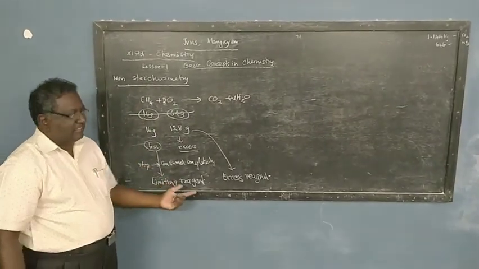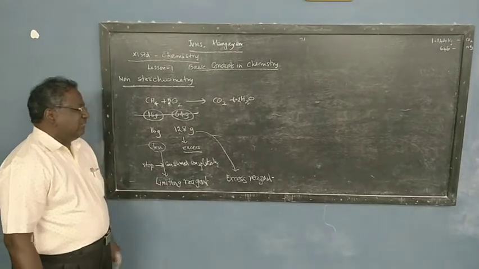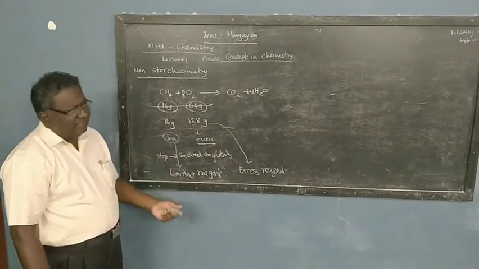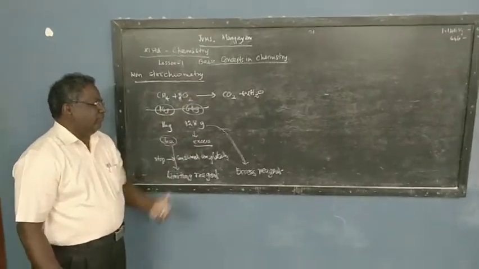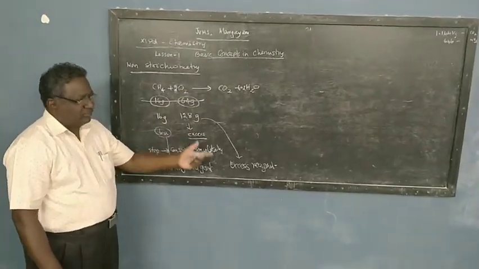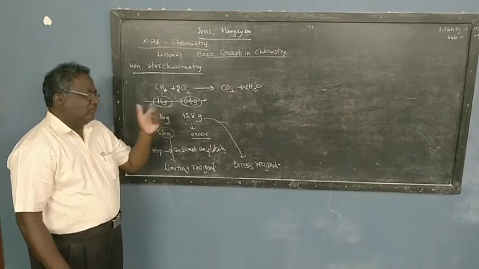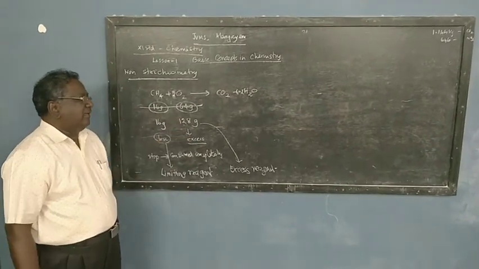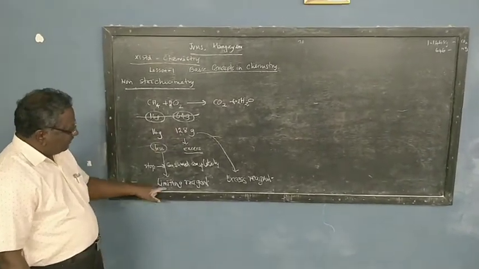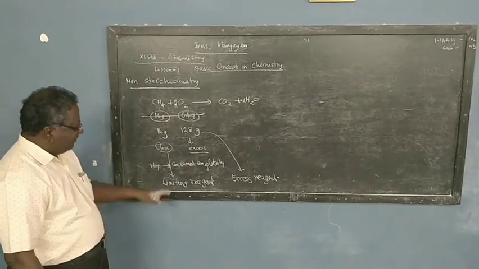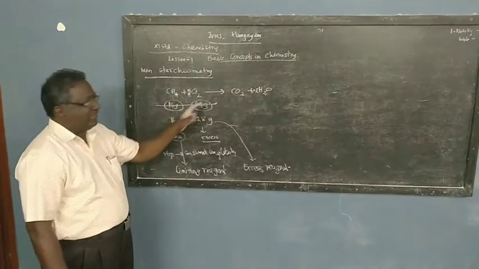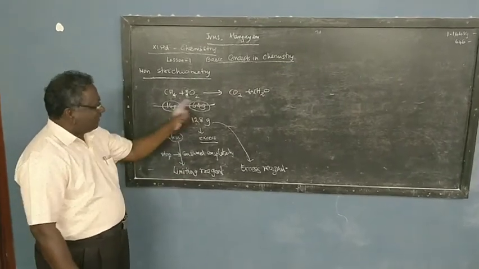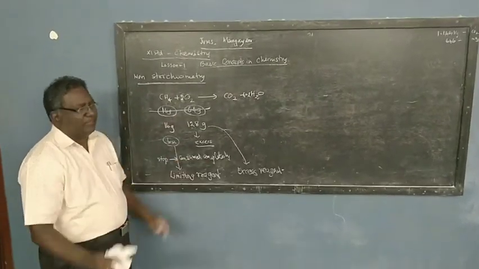One is limiting reagent, the other one is excess reagent. Limiting reagent வந்து குறைவா இருக்குது. அது ரியாக்ட் பண்ணி முடிஞ்ச உடனே reaction stop ஆயிடும். Right? The reactant which is consumed completely and which further stops the chemical reaction will be called as limiting reagent. This is always only in non-stoichiometric. இது எதுல வராது? Stoichiometricல வராது. Stoichiometricல ரெண்டு கரெக்டா இருக்கும். அப்ப reaction கரெக்டா கம்ப்ளீட் ஆகும்.